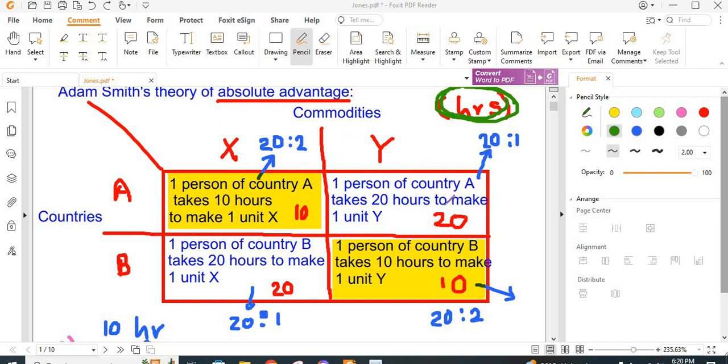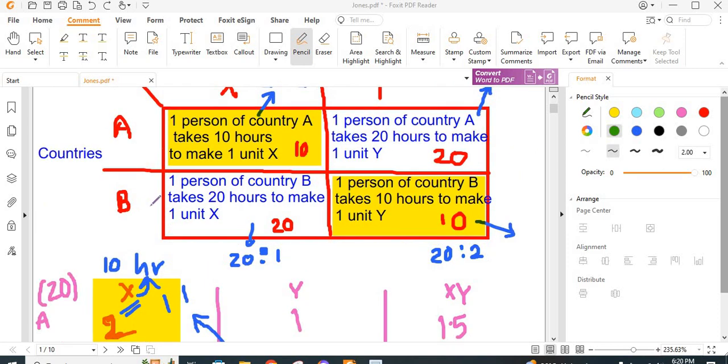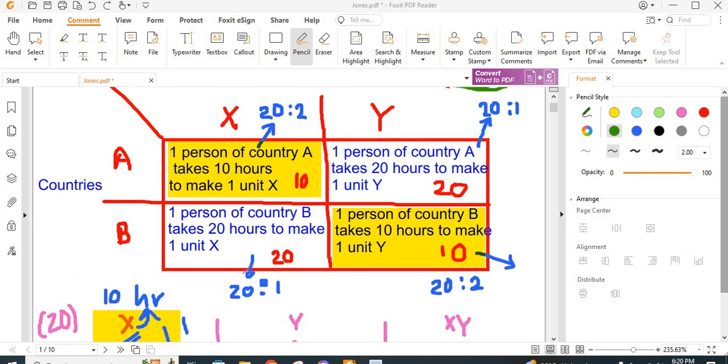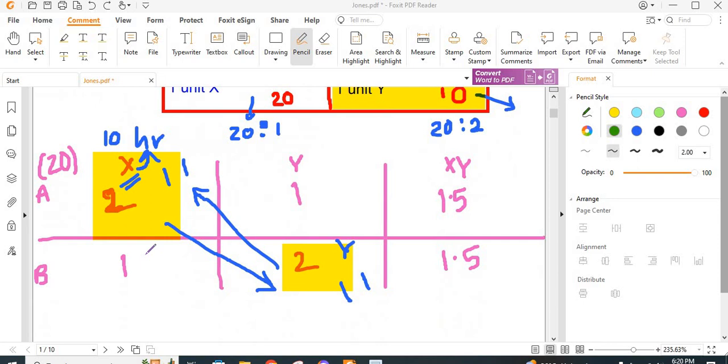Similarly, each person in country A takes 20 hours to make just 1 unit of Y. So people in country A, using the same 20 hours, can either make 2 units of X or 1 unit of Y. Similarly, in country B, the same people can take 20 hours to make either 1 unit of X, or in 20 hours they can make 2 units of Y, because it just takes 10 hours to make 1 unit of Y. Now each country can have 2 choices. They can either make just X or just Y, or X and Y combined.